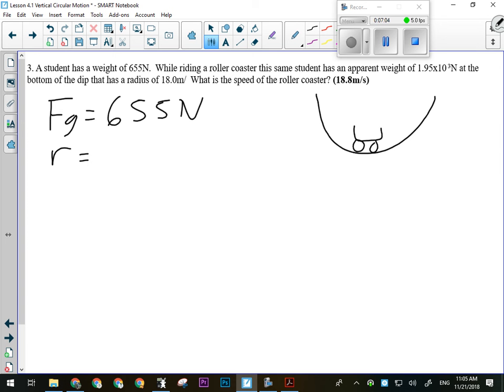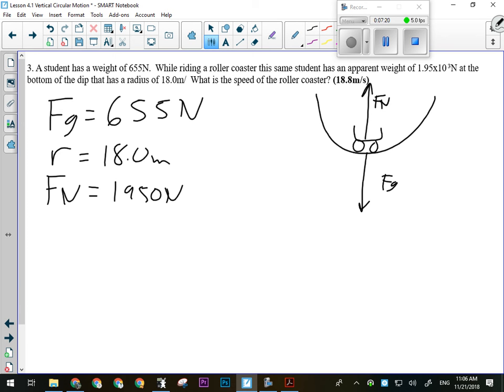So we know what r is, and we know their apparent weight, or normal force, is 1,950 newtons. In this situation, the forces are gravity acting out of the circle, and normal force or apparent weight acting into the circle.